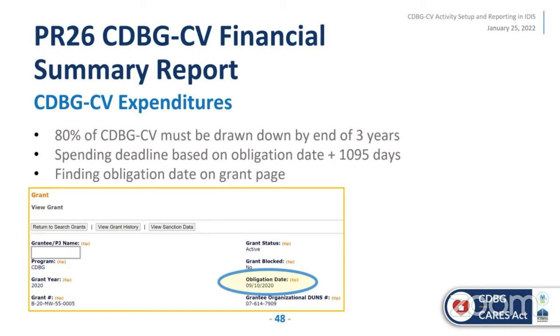That is the date that the grant agreements were signed, and they put that date into the system, which makes it an easy way to see what the obligation date was. So you just add 3 years to that date, or I guess it was figured out as 1,095 days. I hope that's right. But if you're really counting, that's how many days you have to spend at least 80% of your grant.